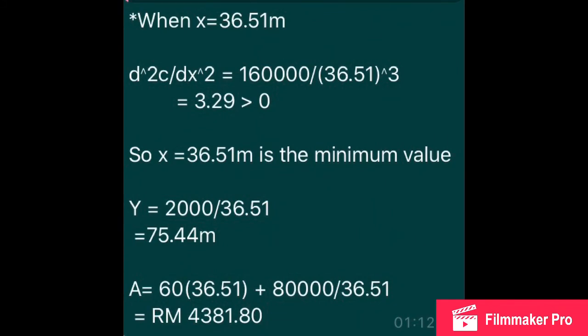So the cost that Hazim needs for the materials is 60 multiplied by 36.51 plus 80,000 divided by 36.51, and the cost will be RM 4,381 ringgit and 80 cents. That is how much Hazim needs to buy the materials that he needs for his garden.